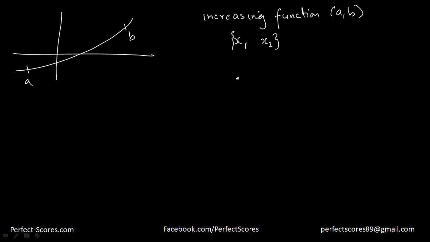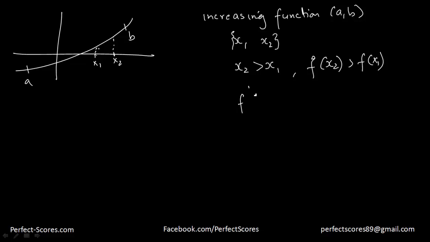Now, if x2 is greater than x1 and f of x2 is also greater than f of x1, that means the function is increasing, right? So let's suppose this is x1 and this is x2. If x2 is greater than x1, then f of x2 is also greater than f of x1.